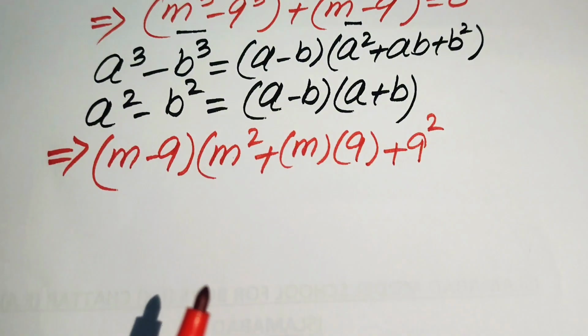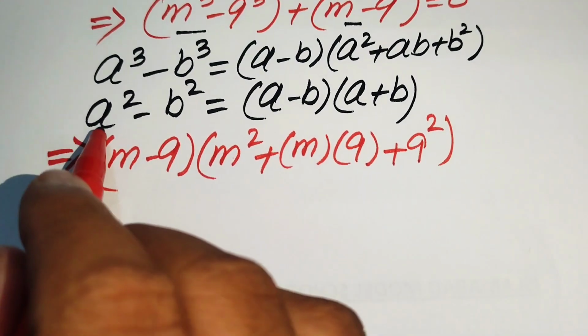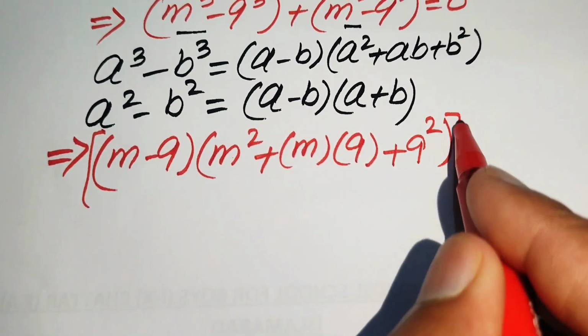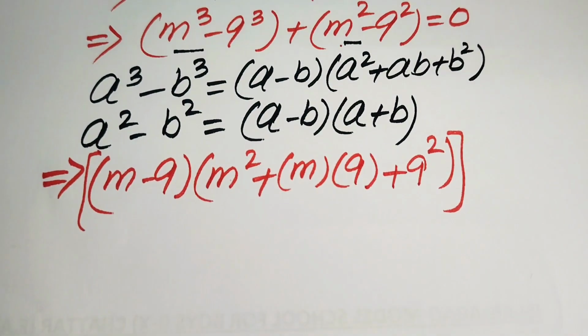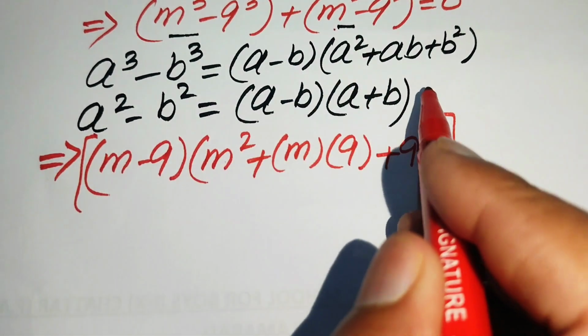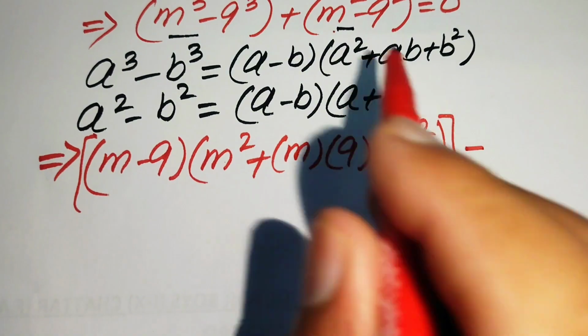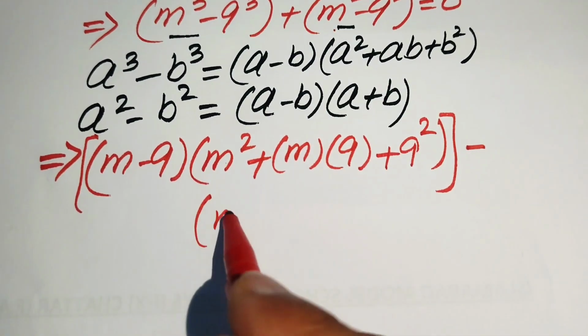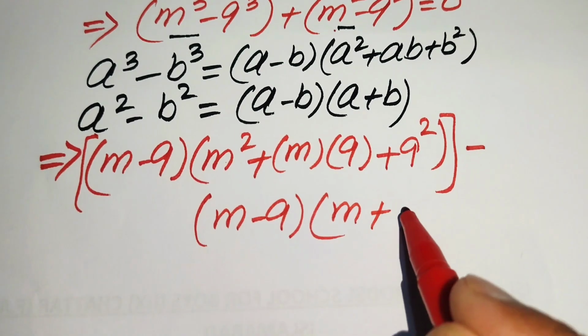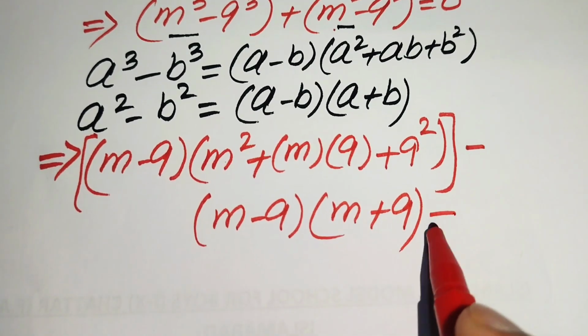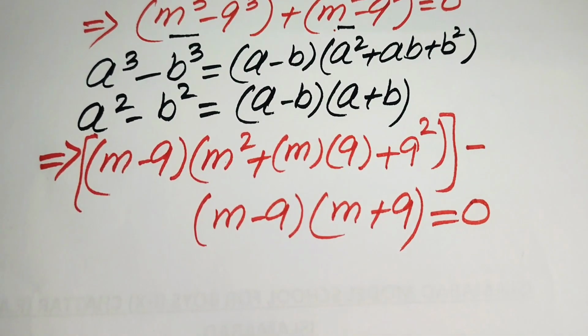And after this step we have the second term, plus m square minus 9 square. So now we apply the second formula to this term, and it will be written as m minus 9 times m plus 9, and this whole equation equals 0.